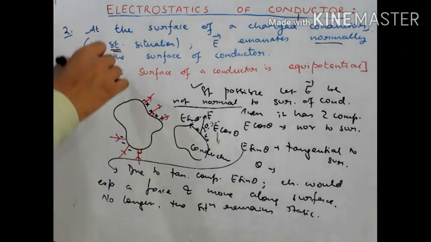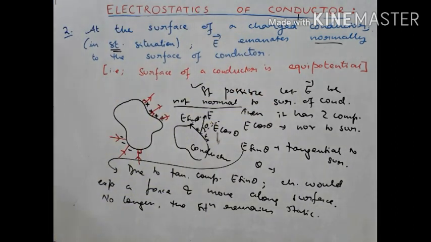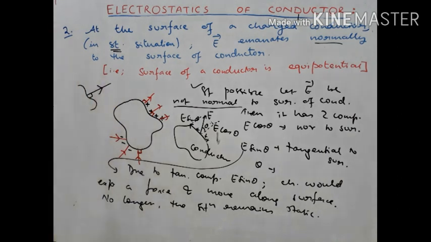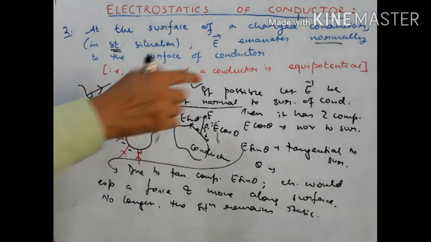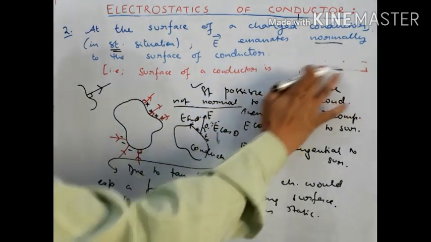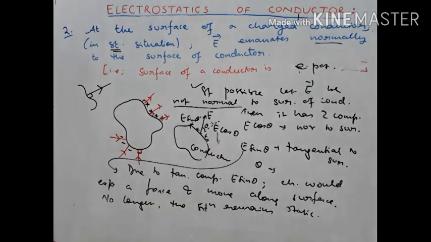The same statement can also be stated in this fashion, that the surface of a conductor must be equipotential, because you know students, for any equipotential surface, the electric field emanates normal to it, and for conductors also the electric field emanates normal to the surface. Therefore the surface of a conductor is also an equipotential surface.